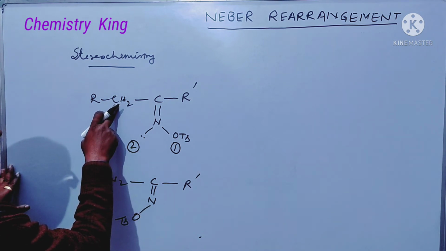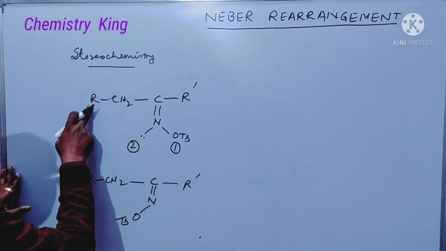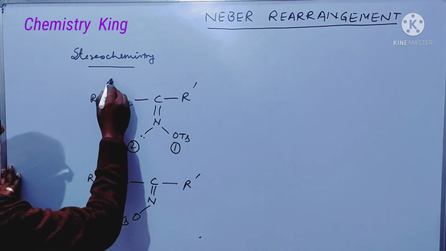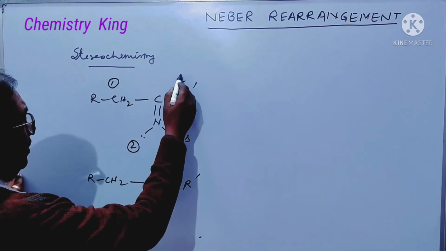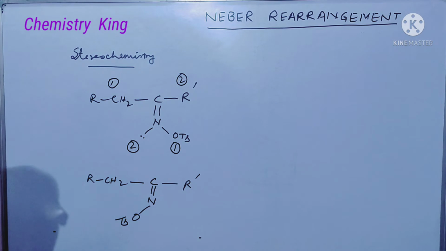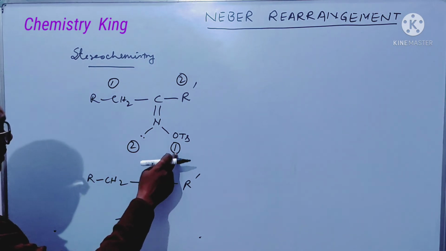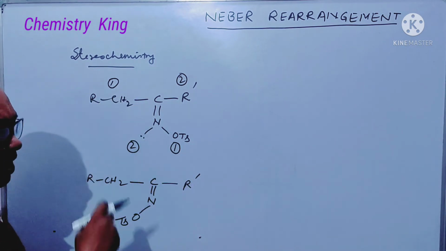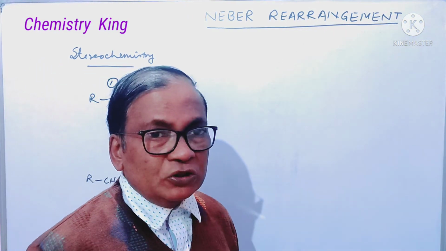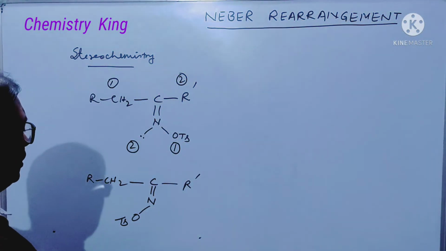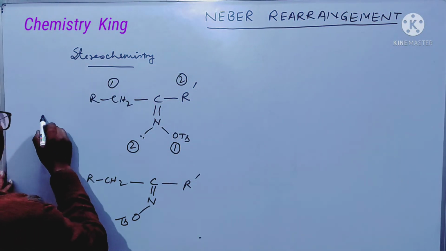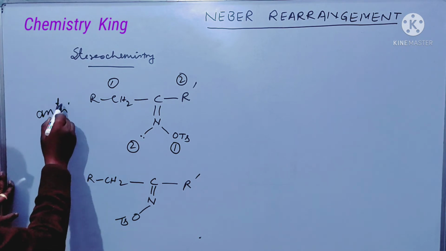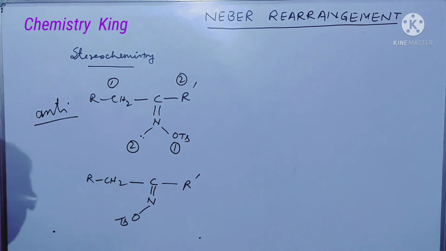Here it is carbon, here also will be carbon. So, it has highest priority 1, less priority 2. These higher priority groups are in opposite side, so it will be anti. It is anti. This compound is anti.